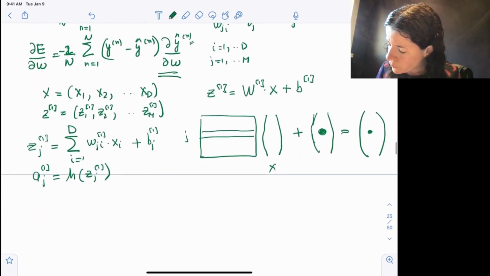So what else? Then we have a simpler second layer, because the second layer gives us just one number.